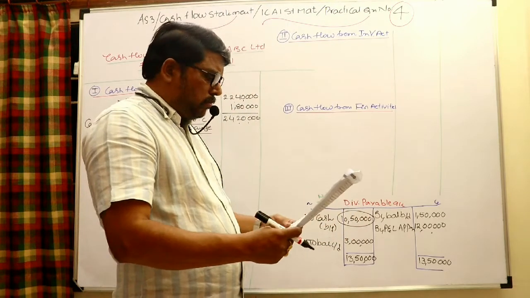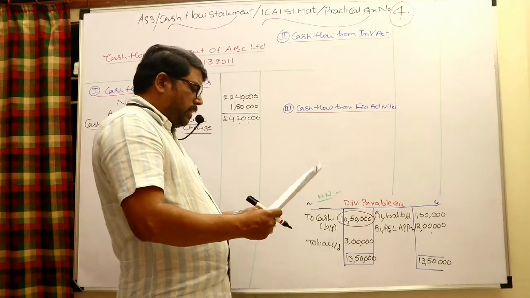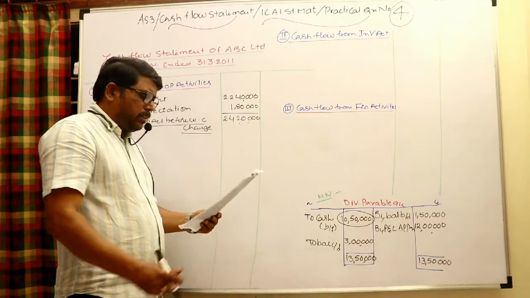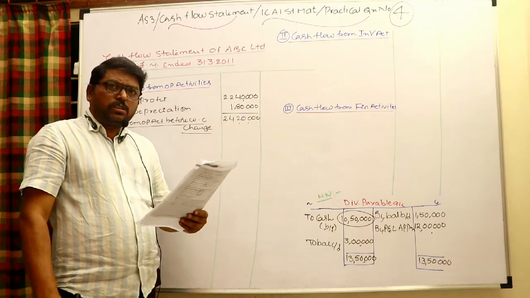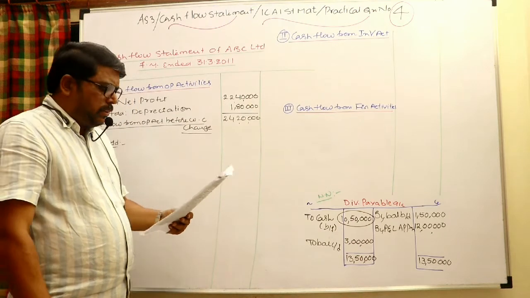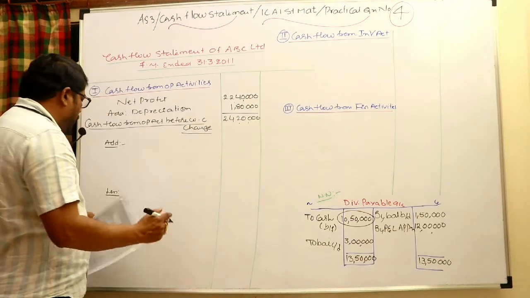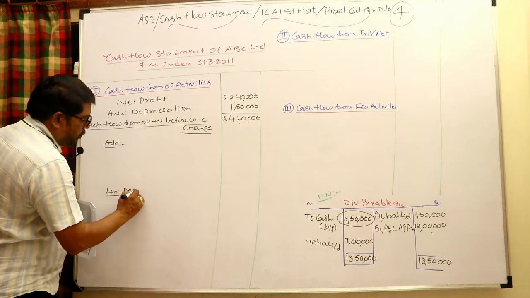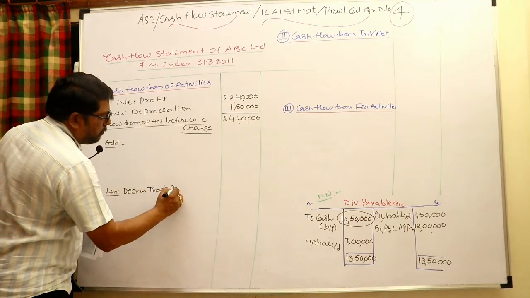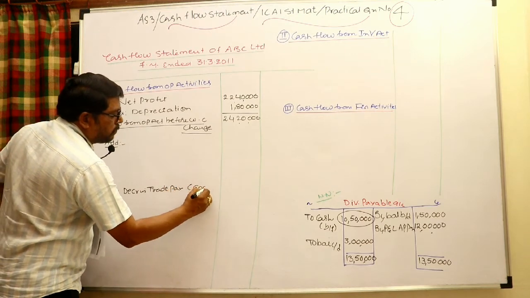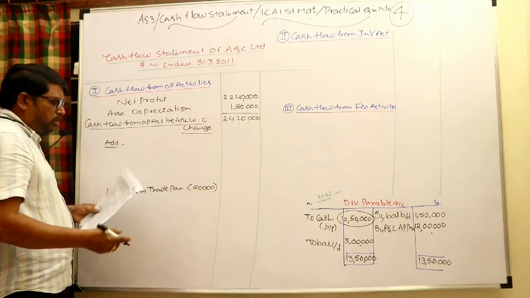First I want to take trade payable. Trade payable was 8,80,000, and it is right now 8,20,000. A 60,000 decrease in current liability is an outflow. Decrease in trade payable, 60,000 outflow.